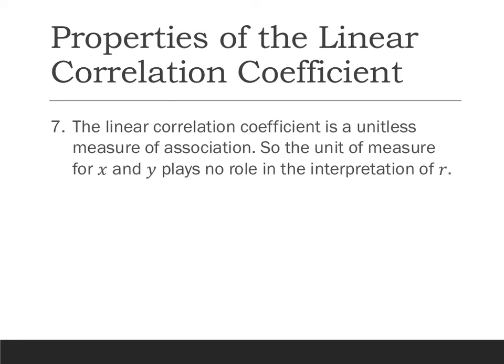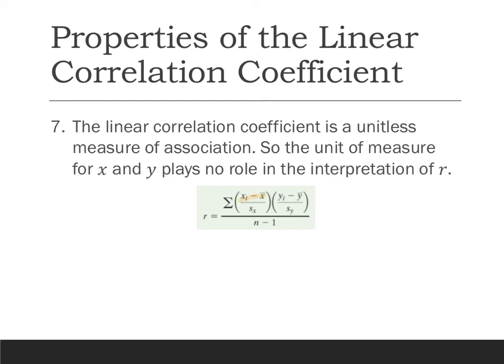So let me see if I can pull that up really quick just to explain. Okay, so just so I can point to things, here's our formula. Now, again, we do not need to use this formula for calculations. I just want you to see what's going to happen. So our X value has a unit, and the standard deviation always has the same unit.